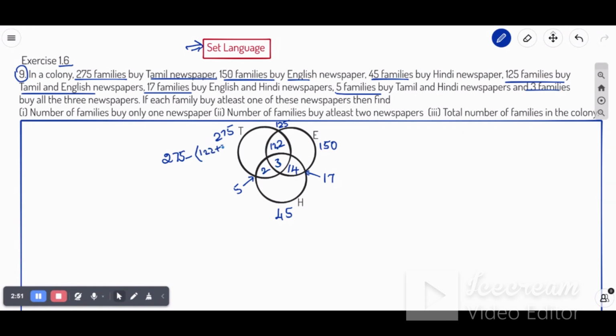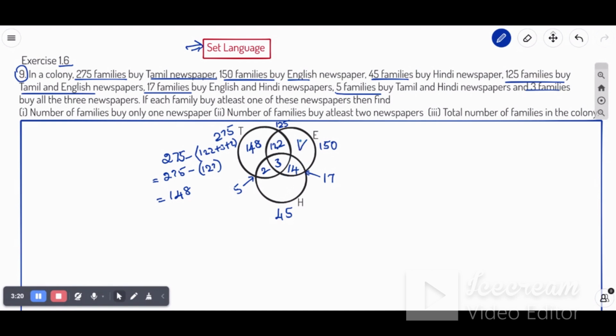So 275 minus the sum of 122 plus 3 plus 2. 3 plus 2 is 5, 5 plus 122 is 127. 275 minus 127 is equal to 148. So 148 people buy only Tamil, no English, no Hindi newspapers in their families.